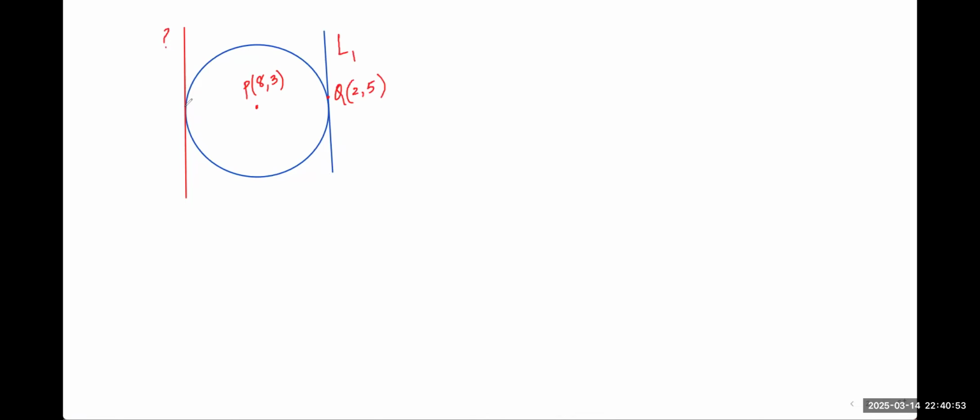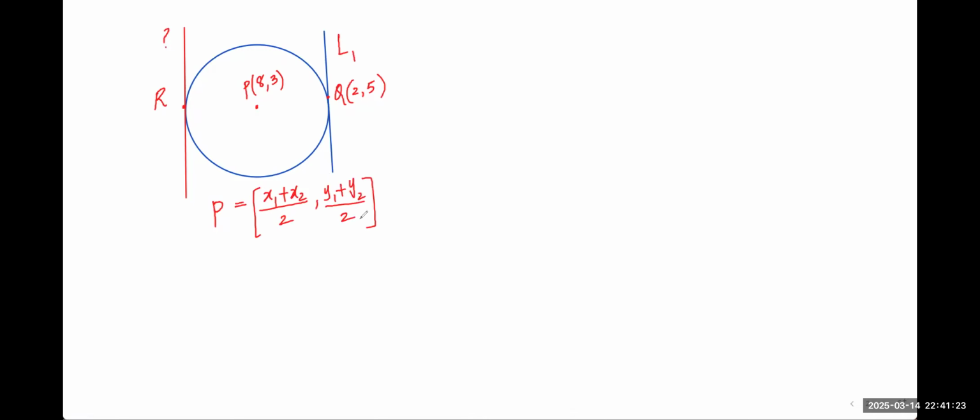Now I can find this tangent point. Suppose this is R. Now if you see the figure, can we say P is the midpoint of RQ? So we can use the midpoint formula: (x1 plus x2) by 2, comma (y1 plus y2) by 2.